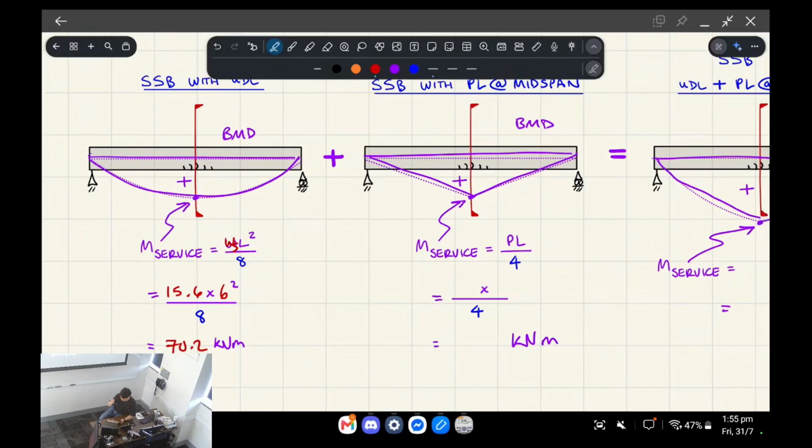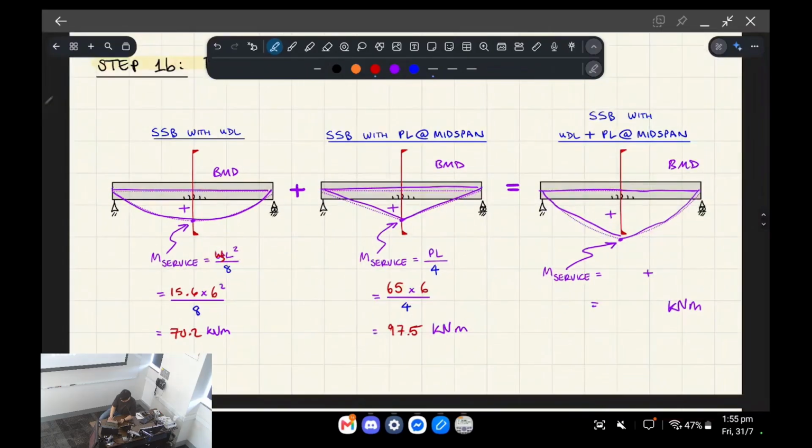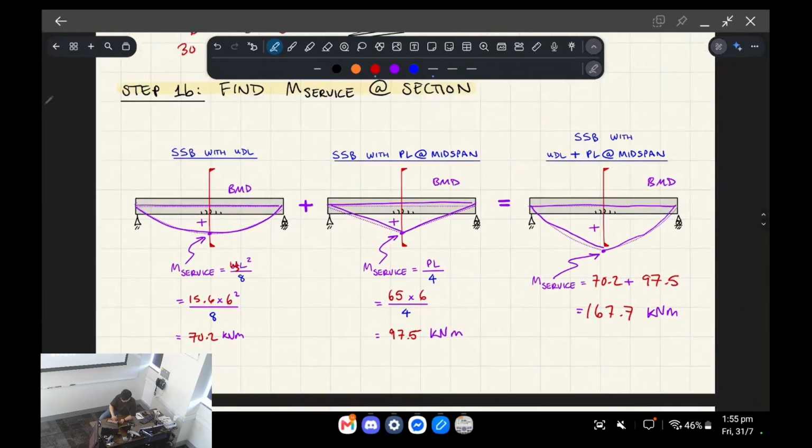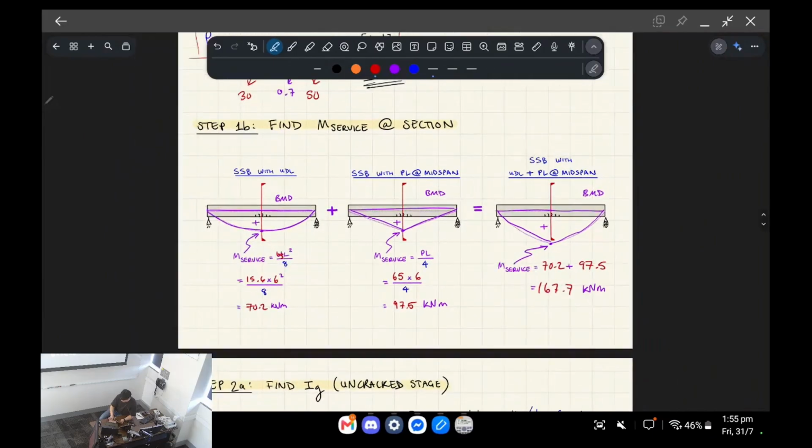For the bending moment due to the point load, you go PL on 4: you go 65 as the point load, 6 as the length, you divide that by 4, and then you get this. Then you add those two numbers together, and you get your bending moment in the middle.